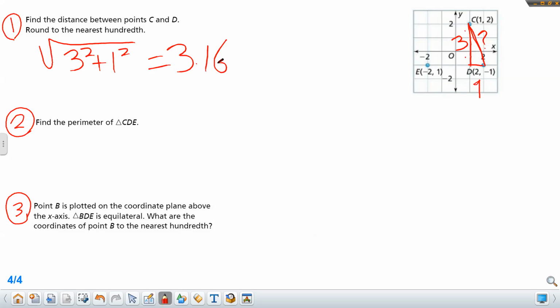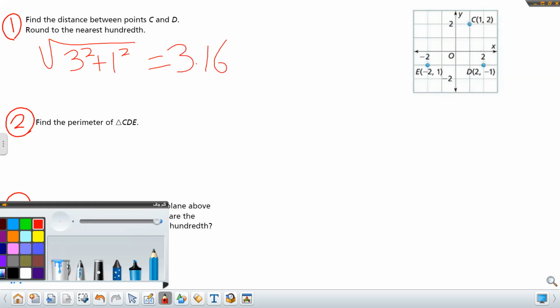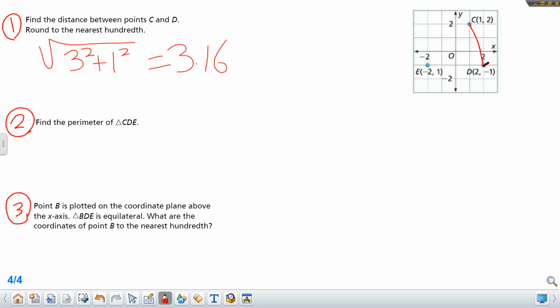Number 2: find the perimeter of triangle CDE. For the perimeter of a triangle, you will need 3 sides. First one, CD, we found that, which is 3.16. And ED is horizontal. You can find it by counting 1, 2, 3, 4, so it will be 4. But what about EC? You can find EC using the Pythagorean theorem, but draw the height.